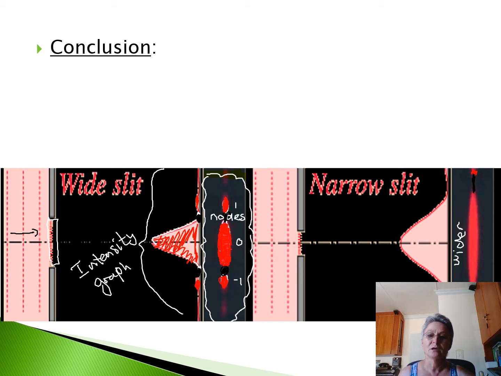When you look at the diffraction pattern formed by a narrow slit, you will see a much wider central band because it's what will be in the middle of the diffraction pattern, and a wider dark band there, and then there's not enough space on this diagram to illustrate the constructive interference at position 1 and -1.